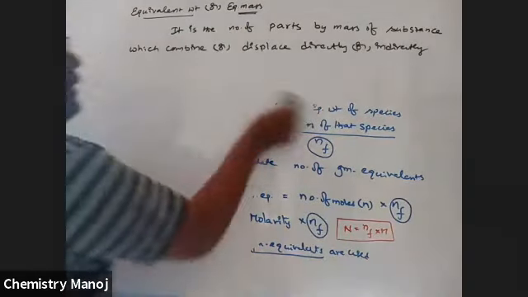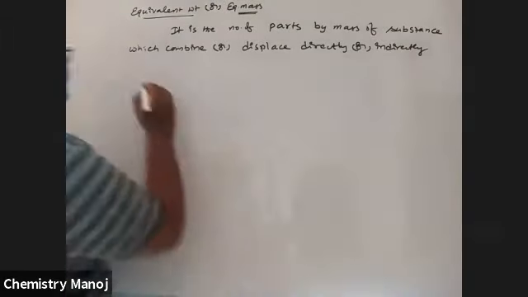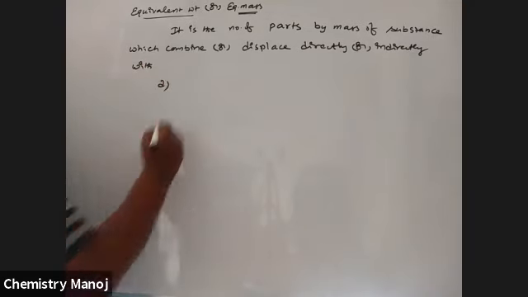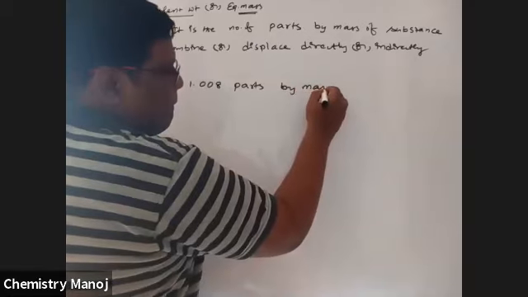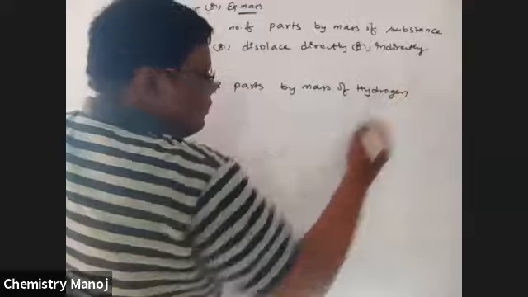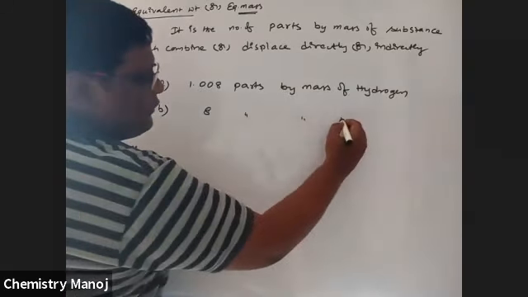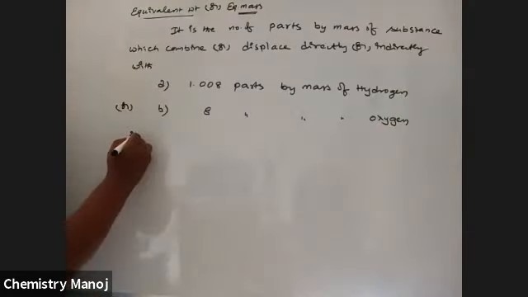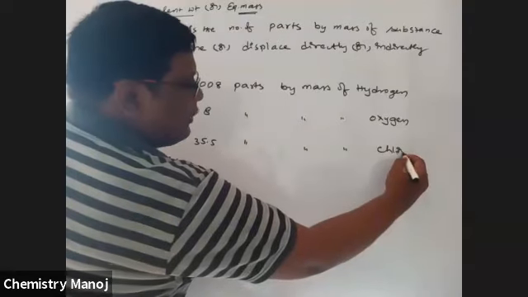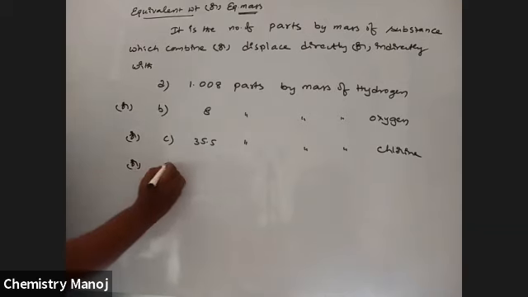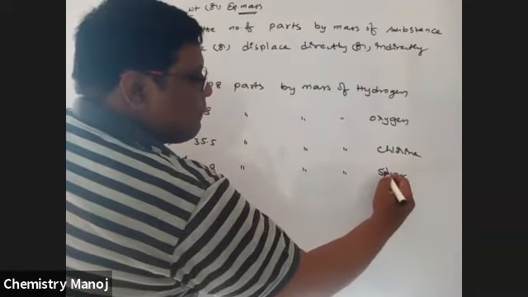Equivalent weight of the substance is nothing but the part by mass of a particular substance that either directly or indirectly reacts with A) 1.008 parts by mass of hydrogen, or B) 8 parts by mass of oxygen, or C) 35.5 parts by mass of chlorine, or 108 parts by mass of silver.